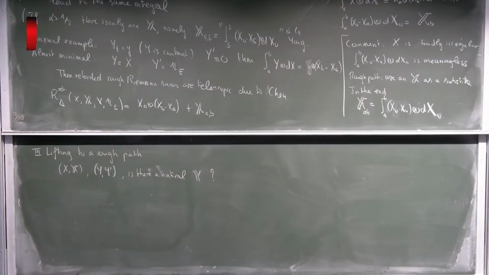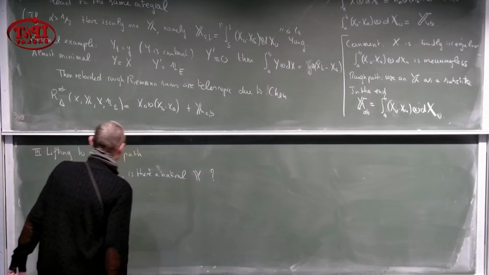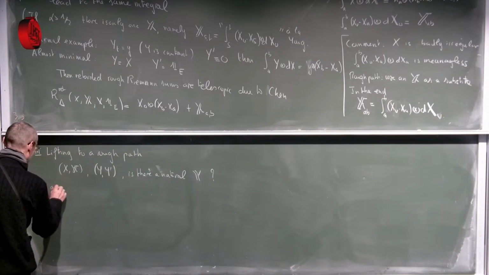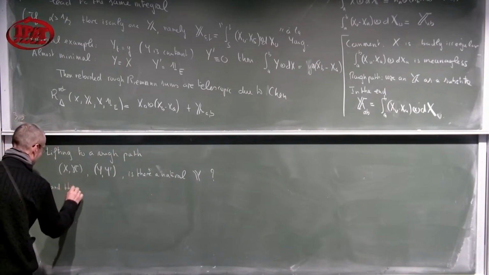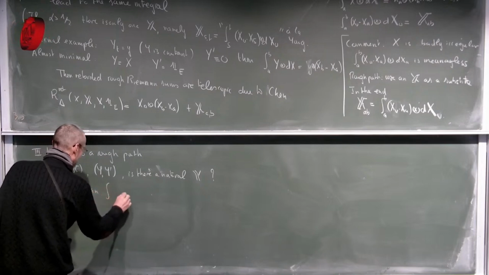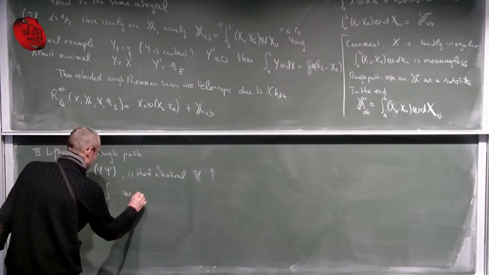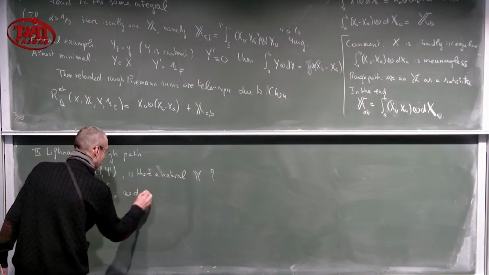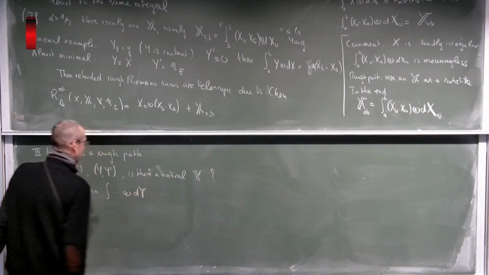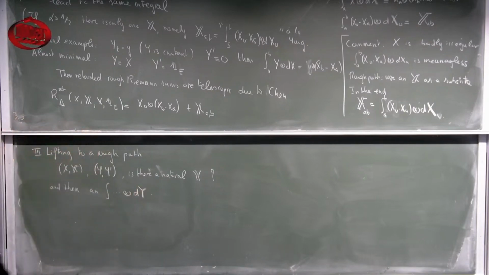The question is, can we construct in a natural way a Y, and also the rough integral?